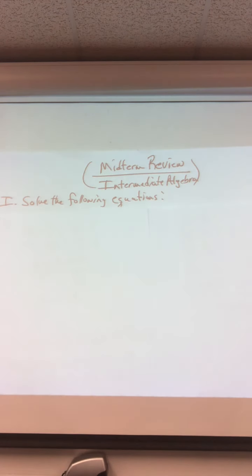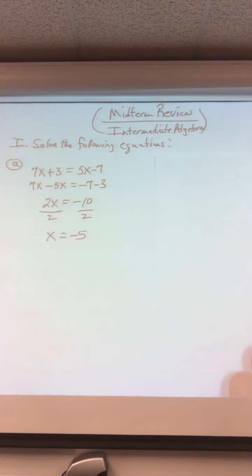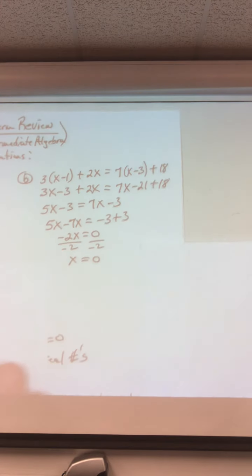The first group of problems that you had on the review was solving equations. There were 5 problems on solving equations. Here is the first one. Pause. Here is the second one.